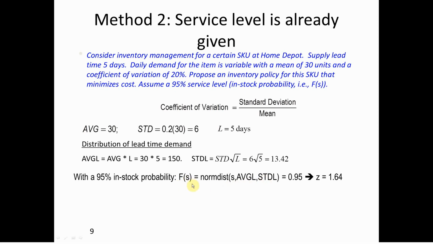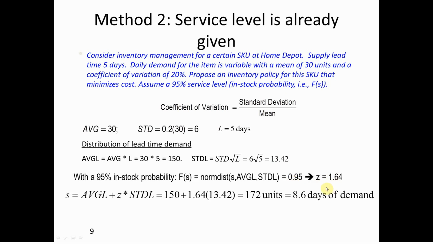So the first thing we want to do is find out what S gives 0.95. First we figure out what Z gives 0.95. In other words, what safety factor gives a 0.95 probability, and that would be Z of about 1.64.